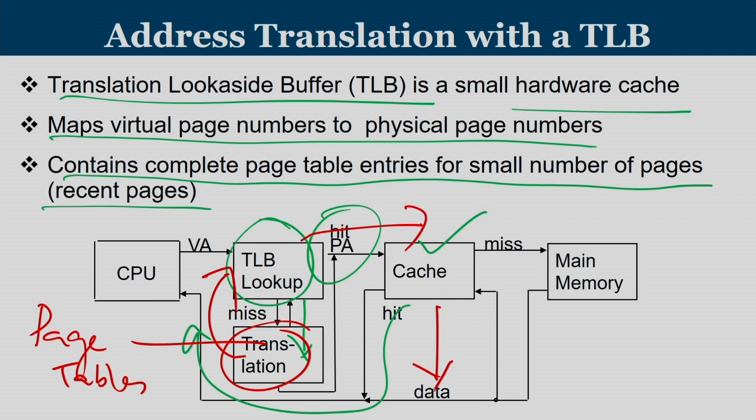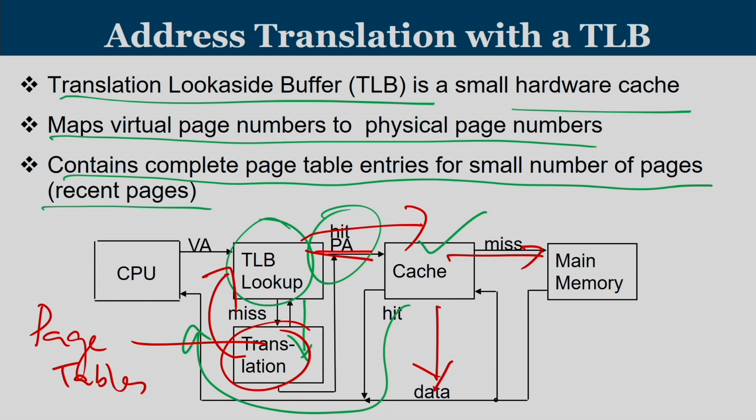It can be a hit, then you return the data, or if it is a miss, then you go to the main memory. So a miss in the cache will surely be a hit in the main memory. You may be wondering how this happens. Our typical notion of cache memory and main memory is a bit tricky here. If you go to cache memory, surely that means that you have a physical address.